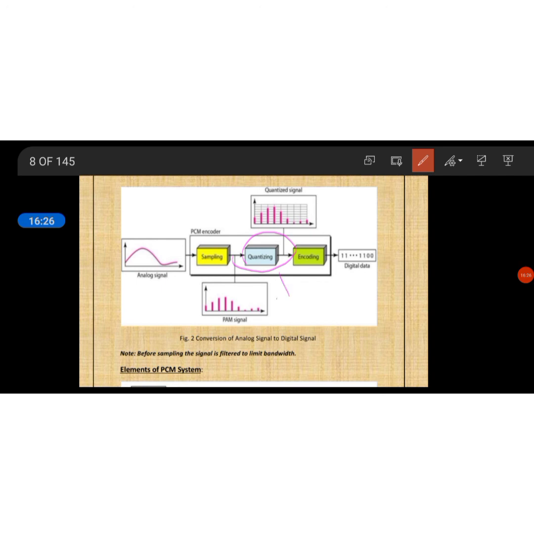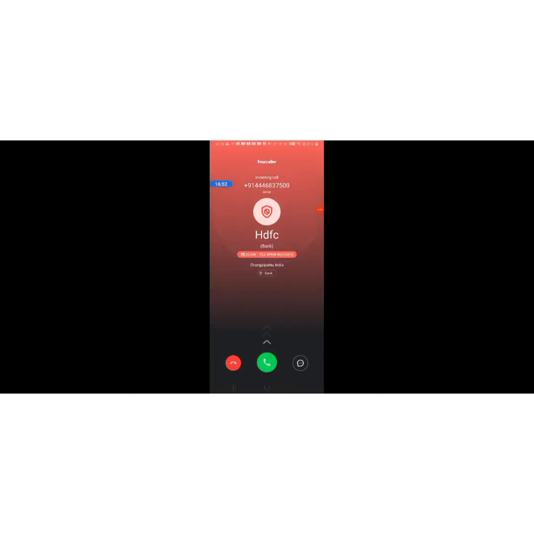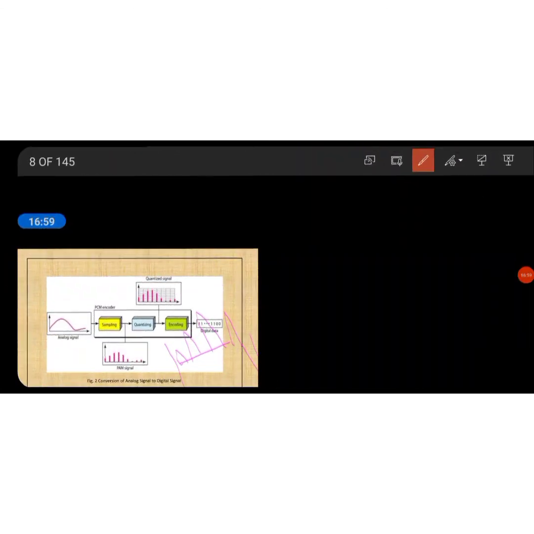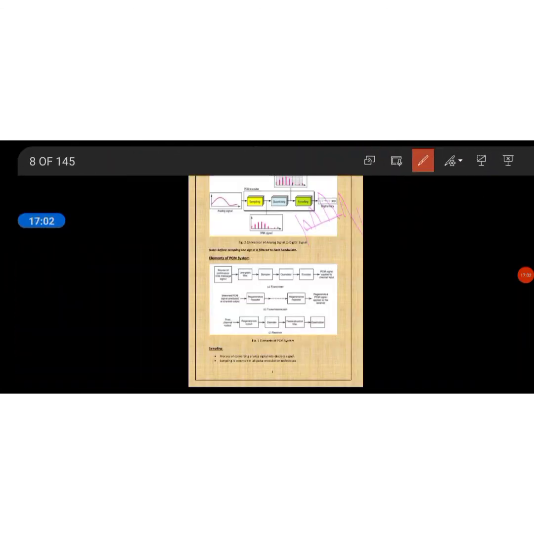Truncation means, suppose you consider an amplitude of 2.1; by means of truncation it is truncated to 2 volt.